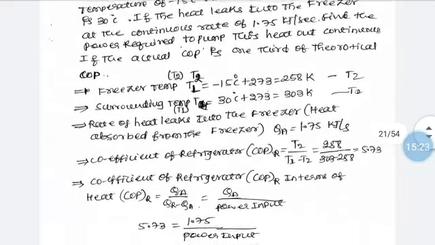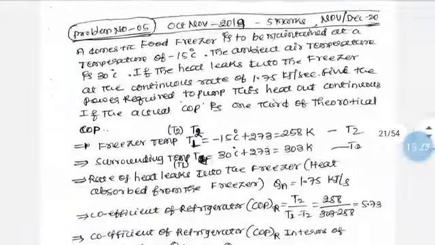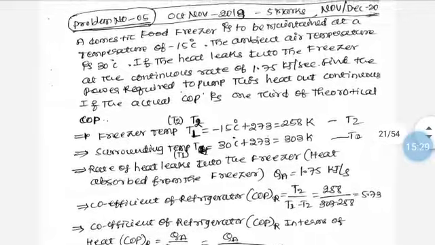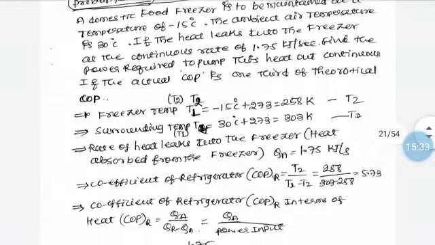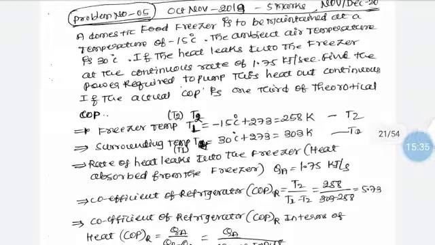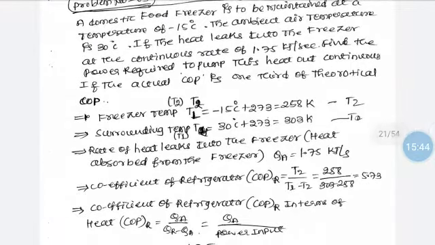If the actual COP is 1/3 of the theoretical COP, so this is the second law we can use here. One food freezer is there whose temperature is maintained at minus 15 degrees Celsius, ambient air temperature is 30 degrees Celsius, and heat is leaking into the freezer at the continuous rate of 1.75 kilojoule per second.